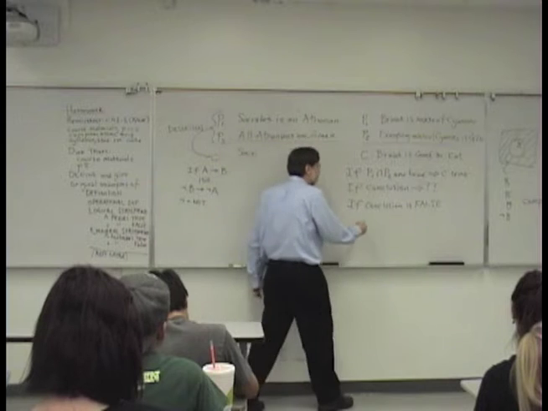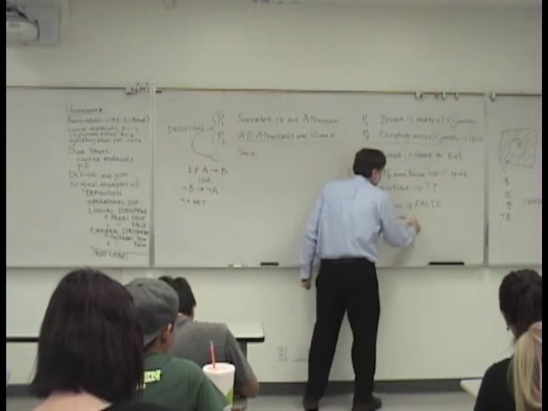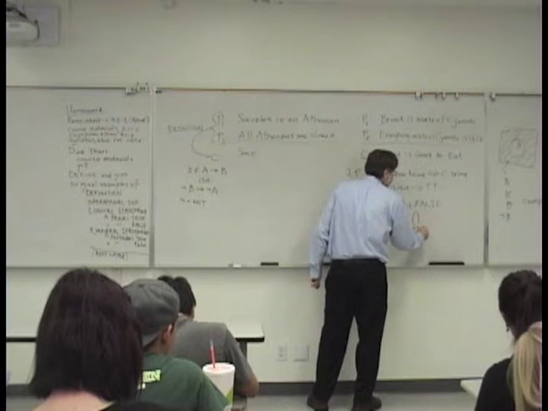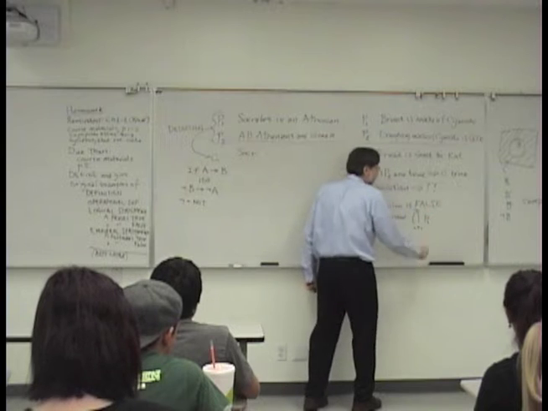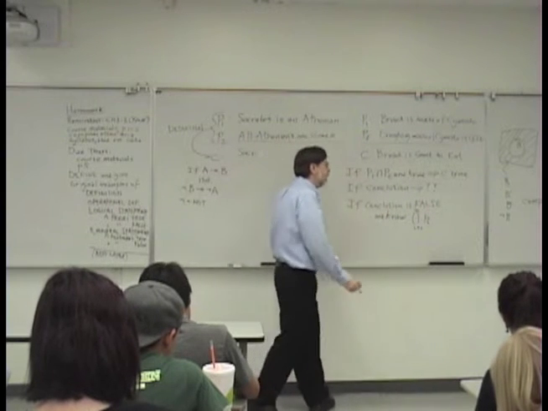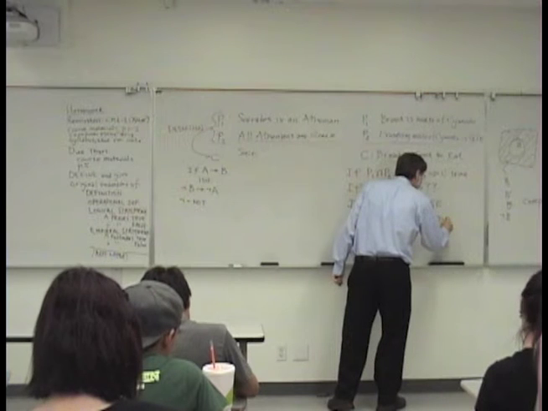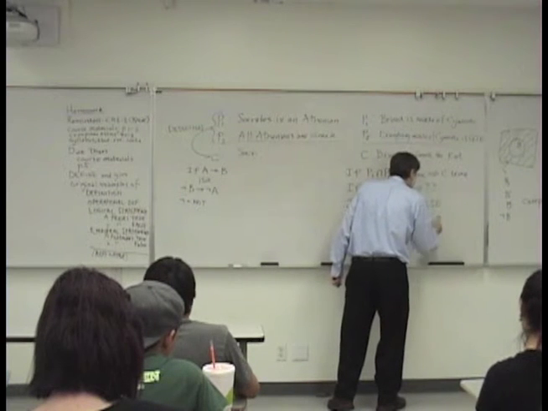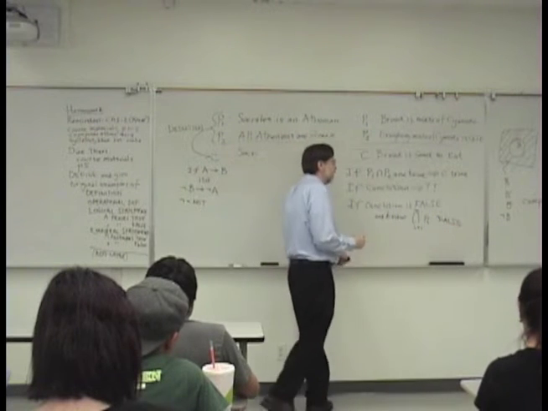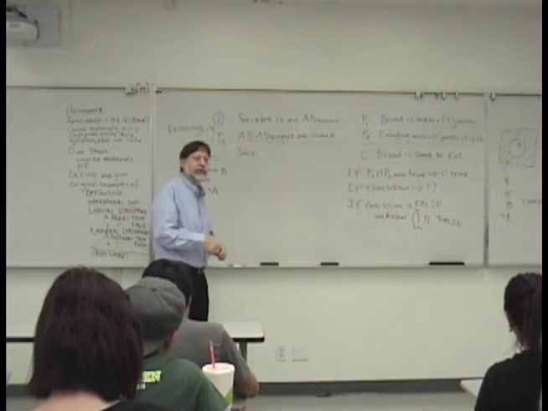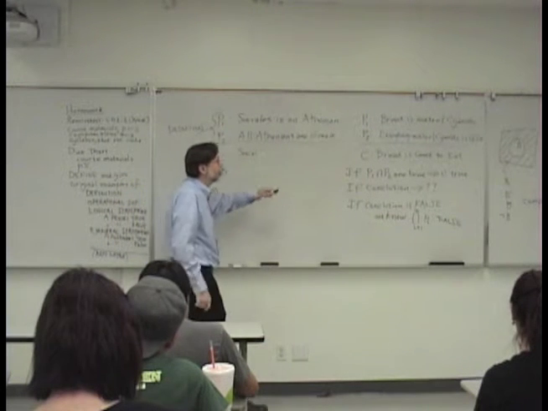So if the conclusion is false, we know that the intersection from i equals 1 to n of all the premises is false. It can't be the case that all the premises are true. In other words, they can't all be true. At least one of the premises, and maybe all of them, are false. In this case, both of them are false.